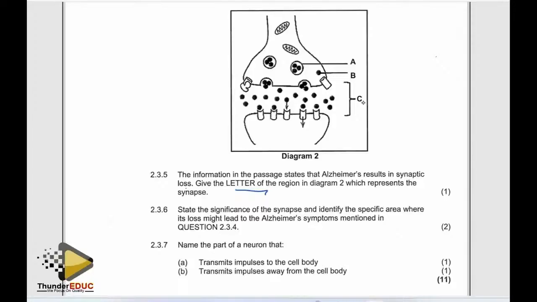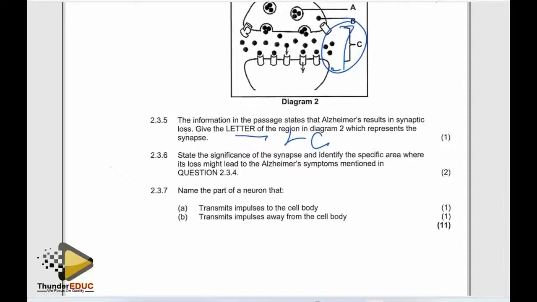So I shall say that C, this small space, is what is called a synapse. So in this case, it's C.